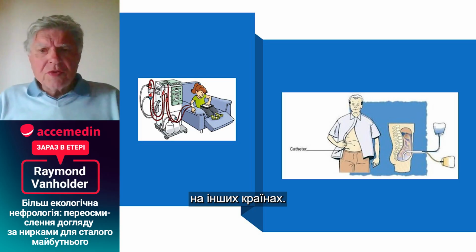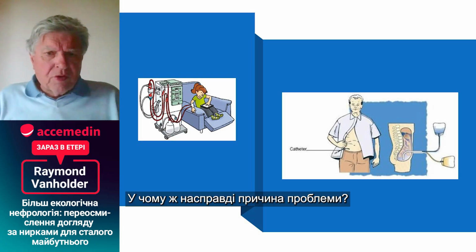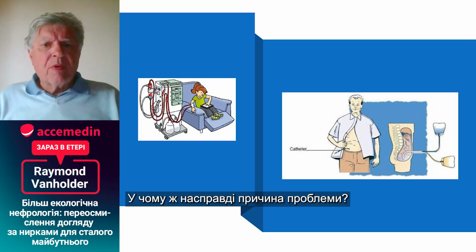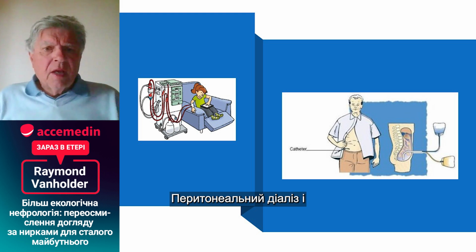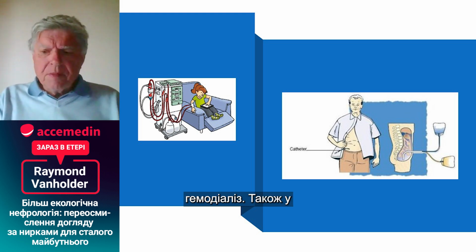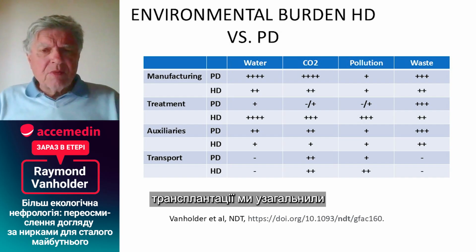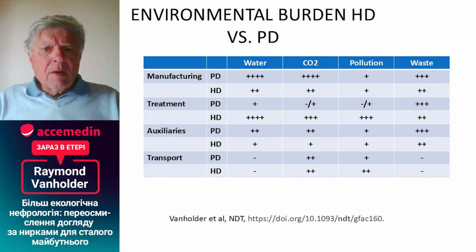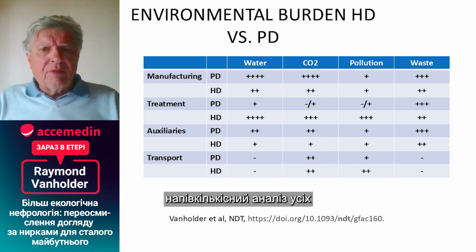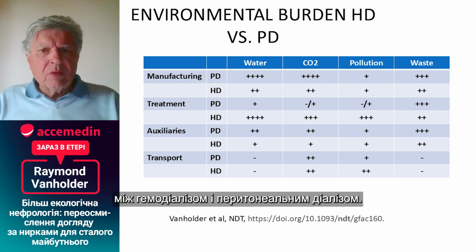But let's focus for the rest on what really is the cause of the problem: peritoneal dialysis and hemodialysis. And in the paper in Nephrology, Dialysis and Transplantation, we summarized semi-quantitatively all the environmental problems in a comparison between hemodialysis and peritoneal dialysis.